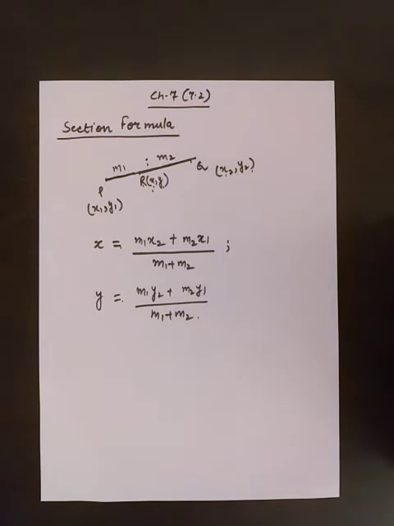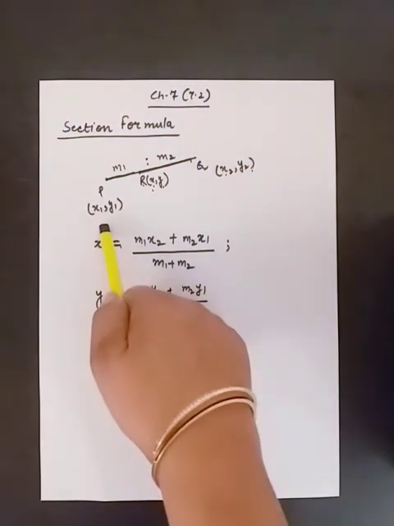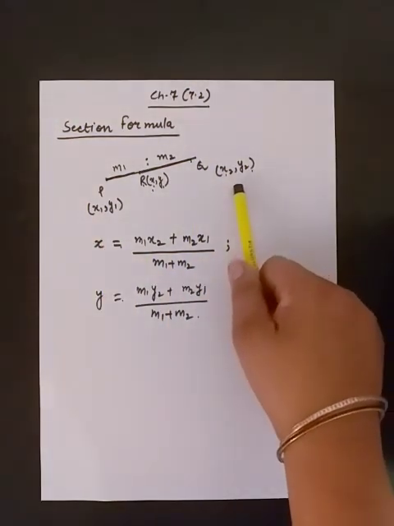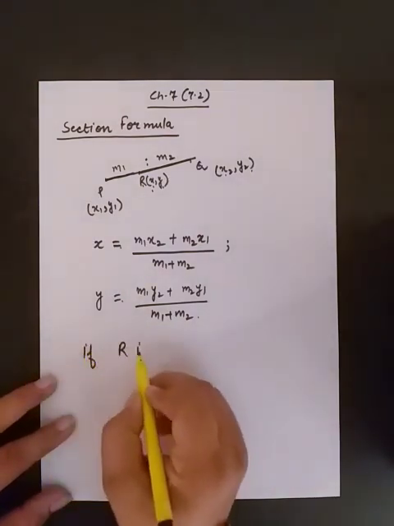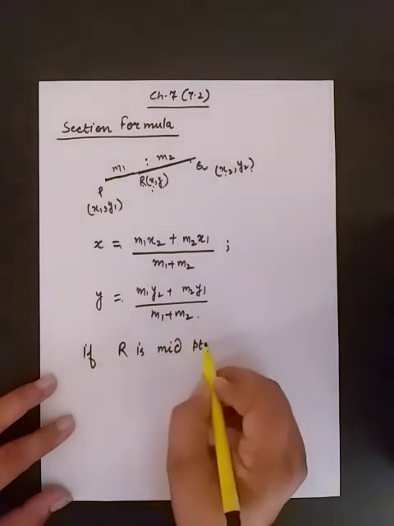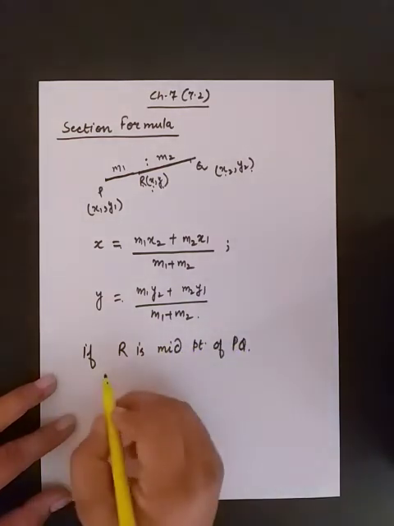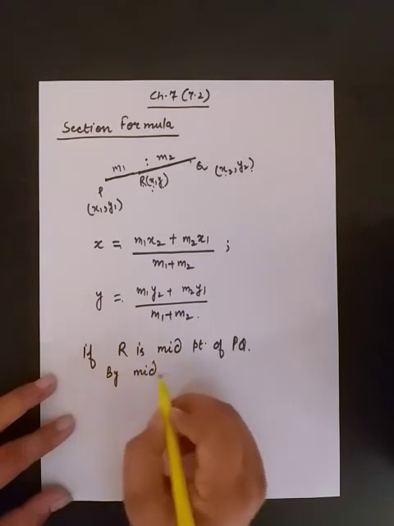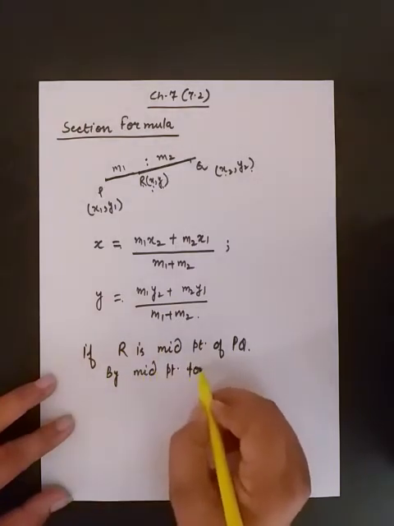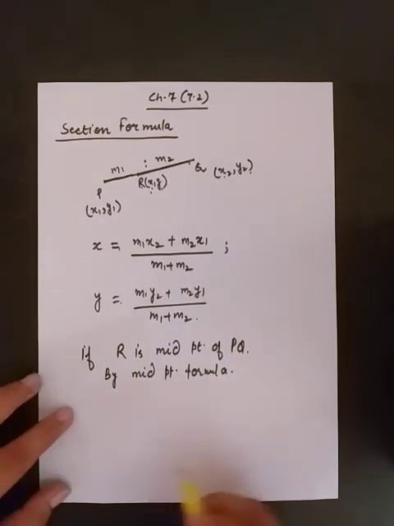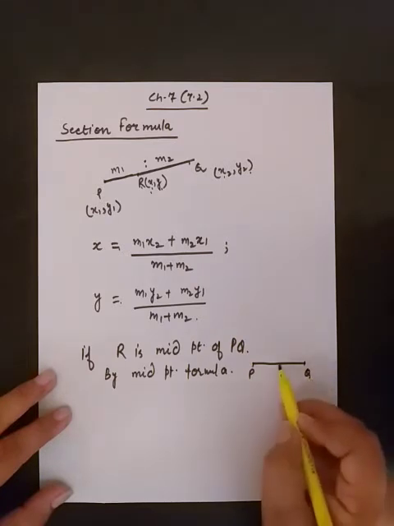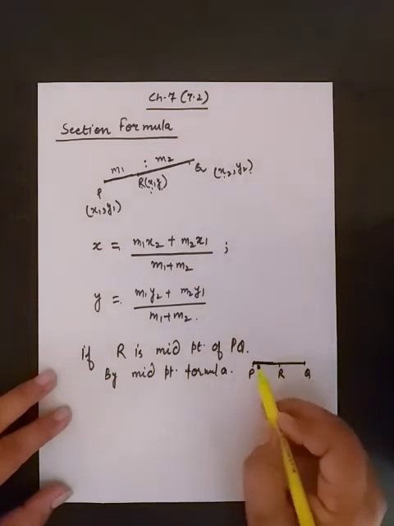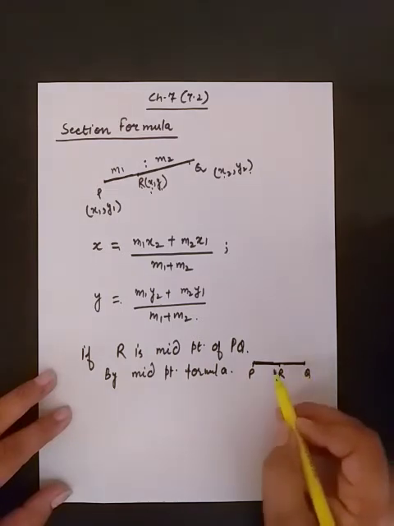Students, remember, by using this formula we can find the ratio also, or we can find the coordinates of point P, we can find the coordinates of point Q also. Now next is, if R is the midpoint of PQ, then by using the midpoint formula we can find the coordinates of R. So in case of midpoint, it means PQ is divided by R into two equal parts, meaning PR and RQ, both the parts are equal.